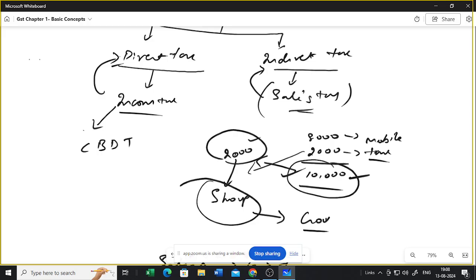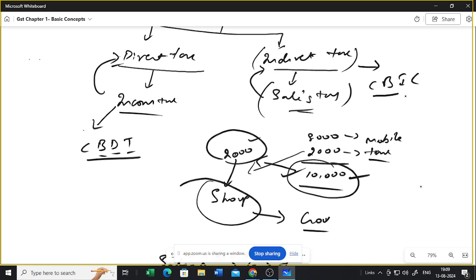This basic idea you need to have. Its full form is Central Board of Direct Taxes. Clear or not? Central Board of Direct Taxes. Here, what about the indirect tax? This indirect tax will be maintained by one board. That board is known as CBIC.